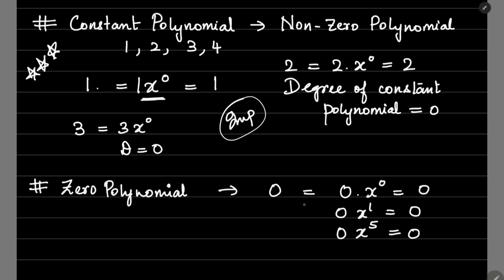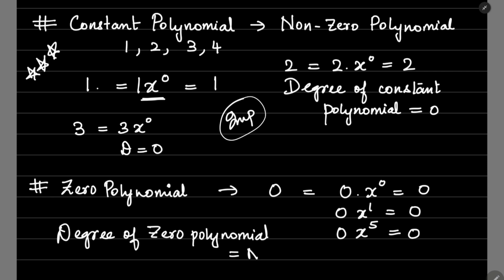So anything multiplied by 0 will always give you 0. The power of the variable can be anything, so it means it cannot be defined. So what you have to remember is the degree of a zero polynomial cannot be defined.